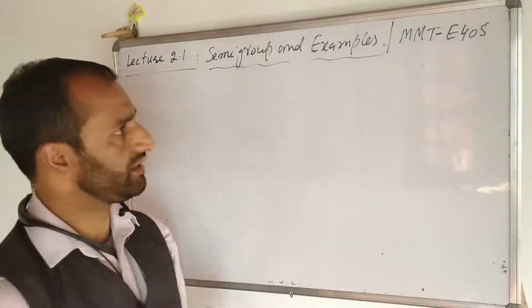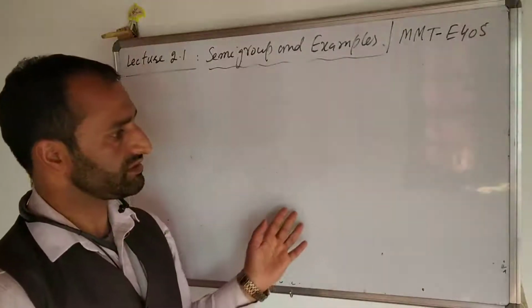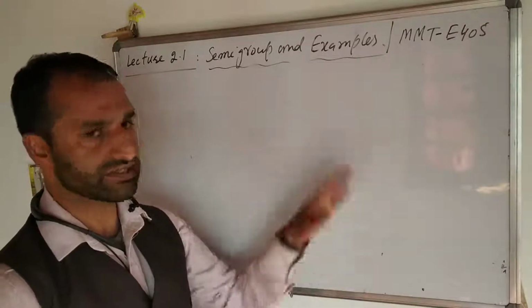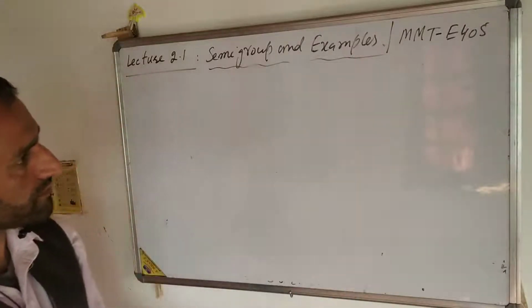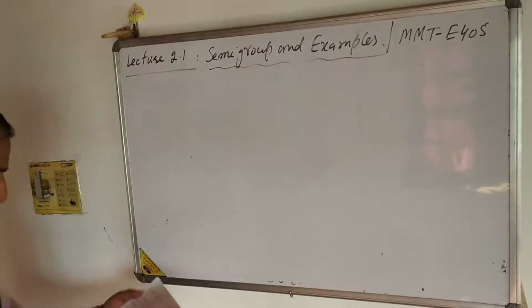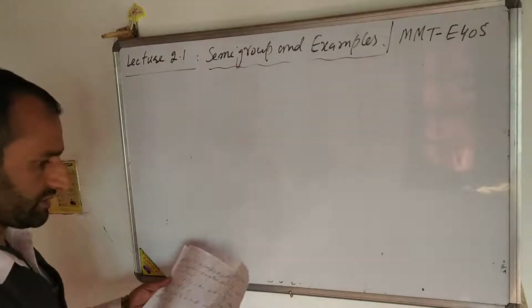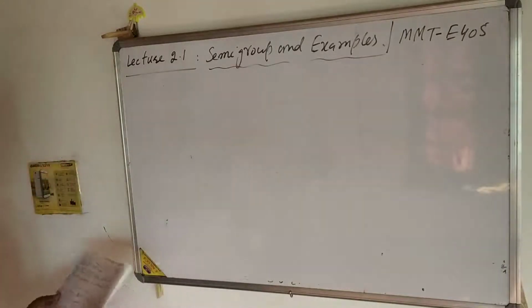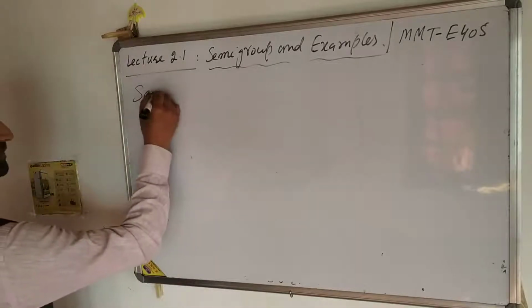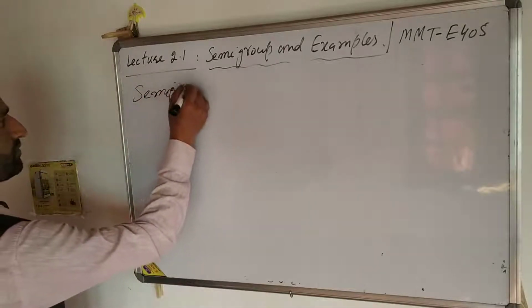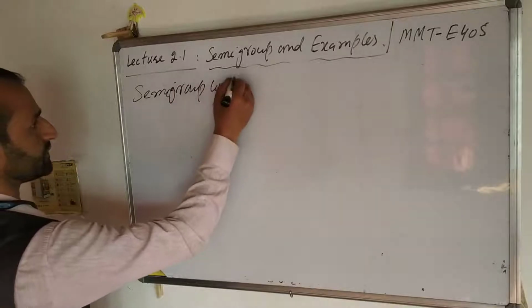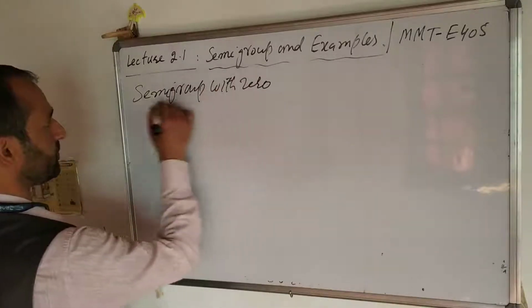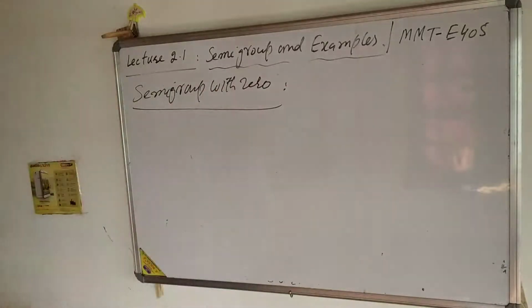Some semigroups have a zero element, and some do not possess such an element. So let's define the zero of a semigroup. Semigroup with zero.